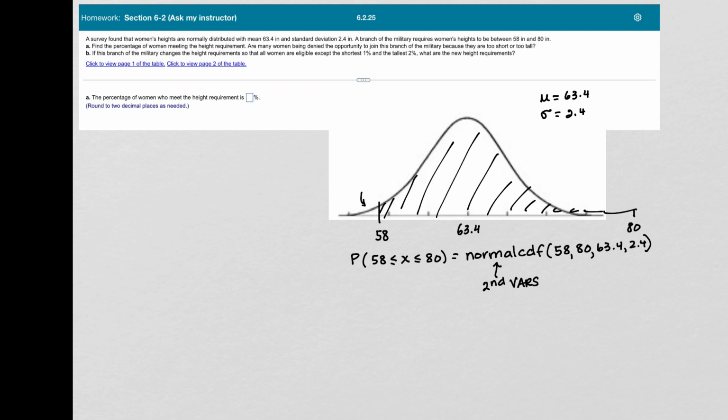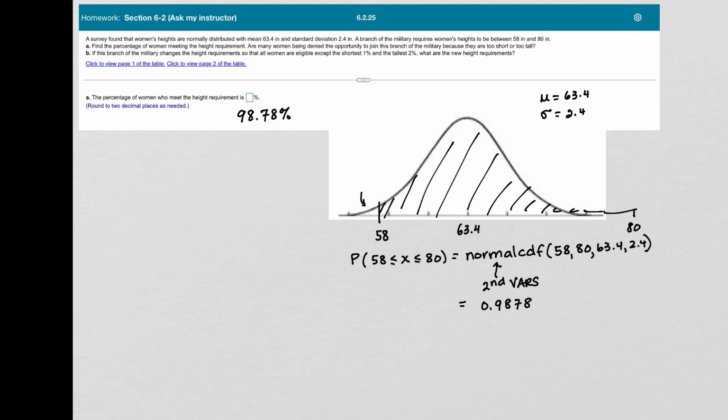And normal CDF is the second choice in that list. So when I calculate this, I get 0.9878. So we want to write that as a percent. That's going to be 98.78%, rounded to 2 decimal places.